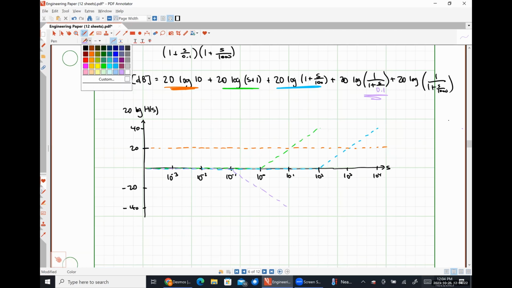And let's see, what color can we differentiate here? Let's do this light orange thing for this term right here. We're going to be at 0 decibels until we hit 10 to the 3, and then we're going to have a slope of negative 20 decibels per decade.